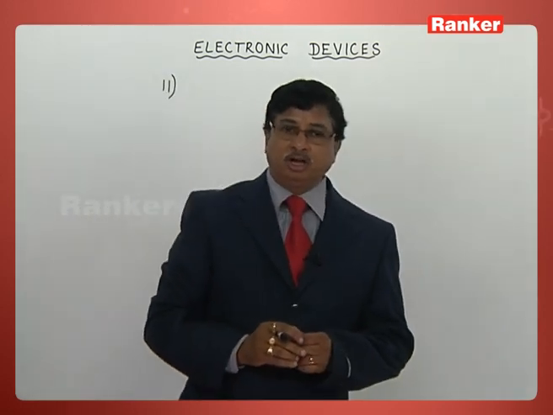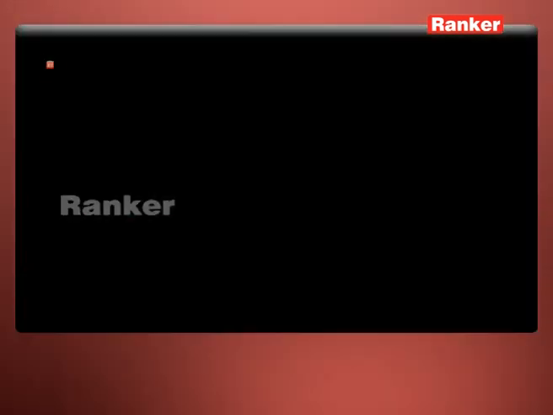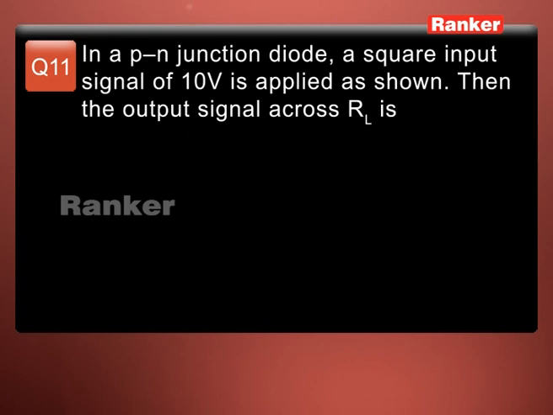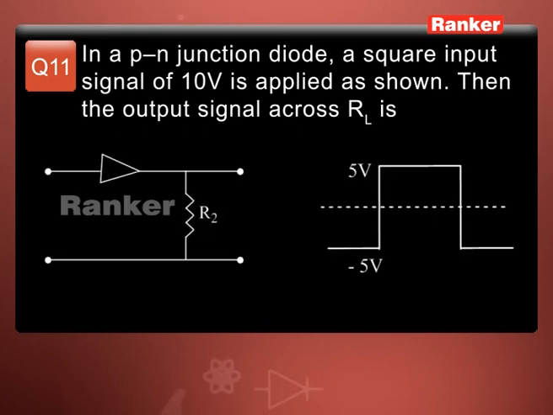Check the next number now. This also has been one of the problems given in IIT papers earlier. In a PN junction diode, a square input signal of 10 volt is applied as shown. Square input signal has been applied across.